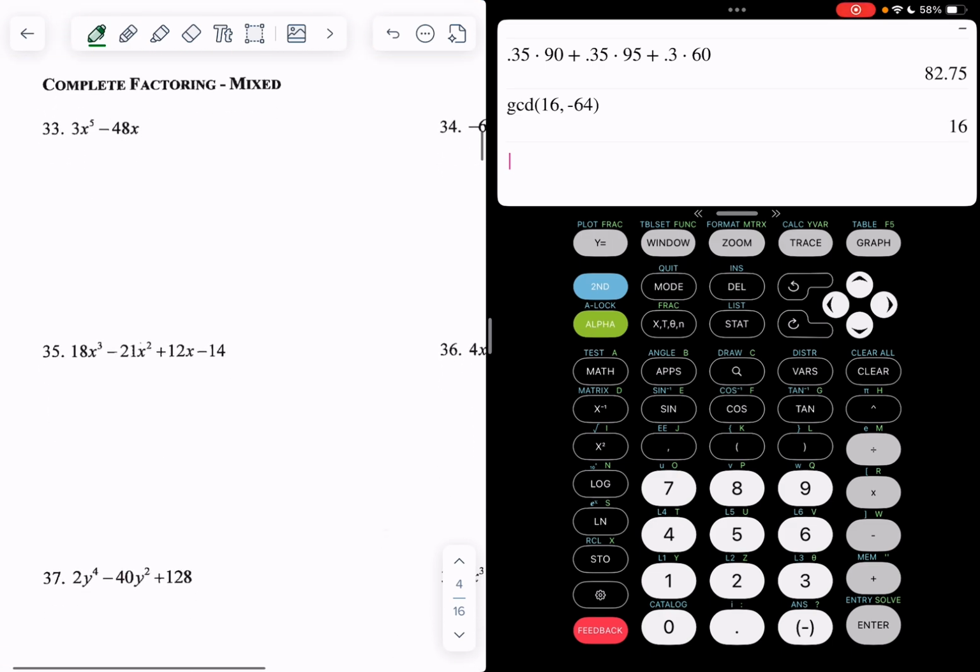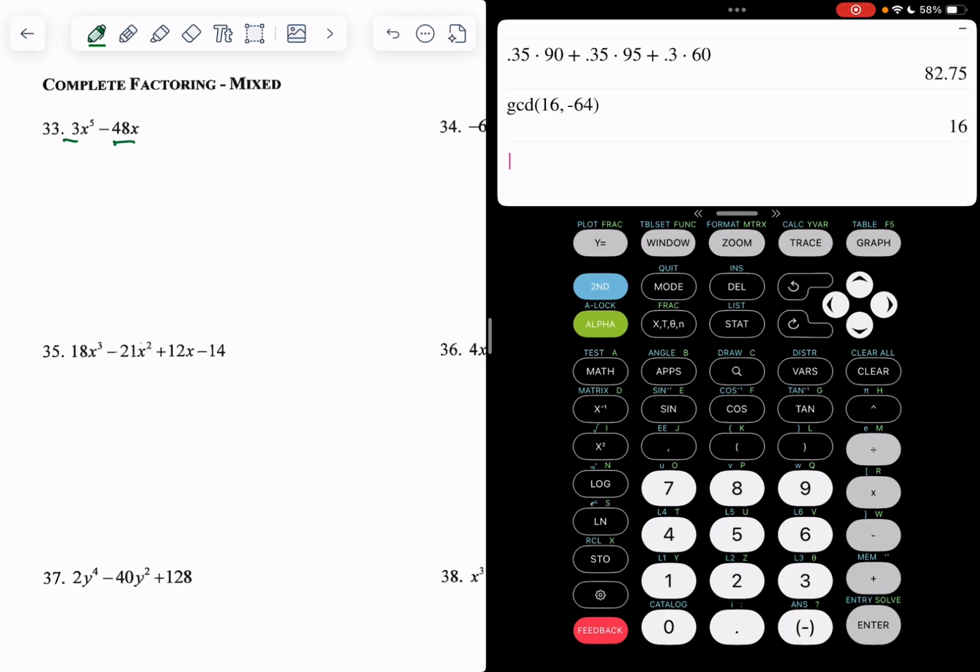Okay? So the idea is the first time, we're always going to have a greatest common factor. So you should always look for that greatest common factor first. And if there isn't one, then we'll do something else. So let's look. This one has a greatest common factor of 3. 3 goes into 48.